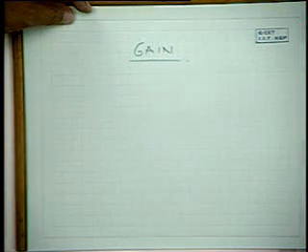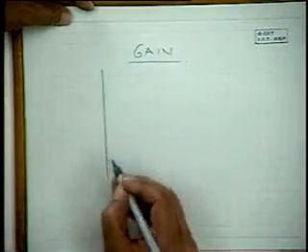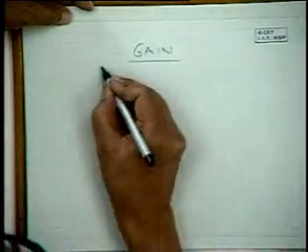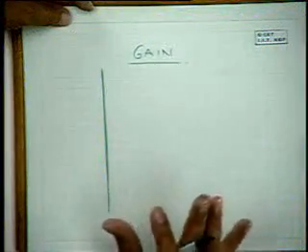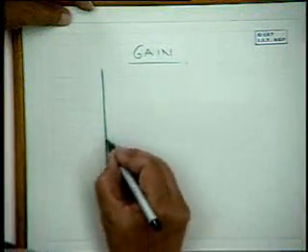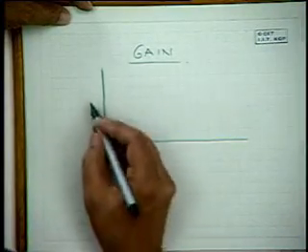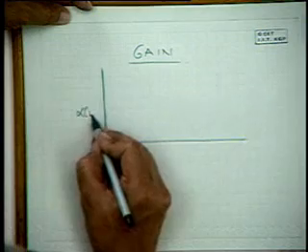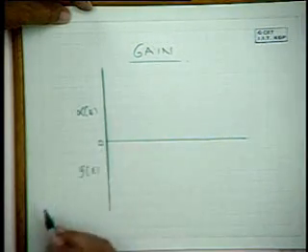For gain, the input is obviously the carrier concentration. Suppose we have a material which is in thermal equilibrium. Suppose we plot alpha here and G here. This is 0 and this is energy.